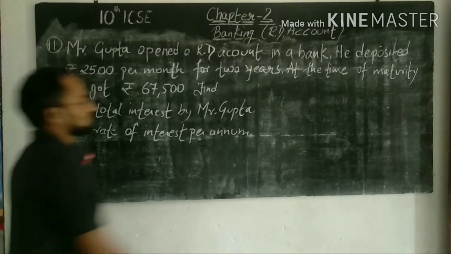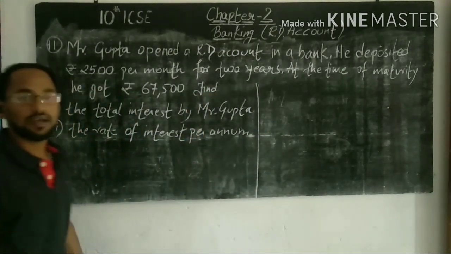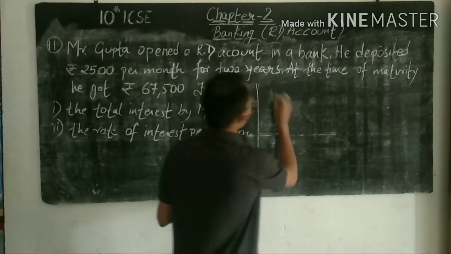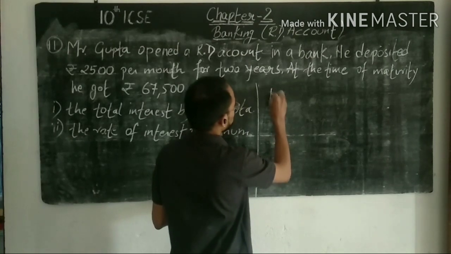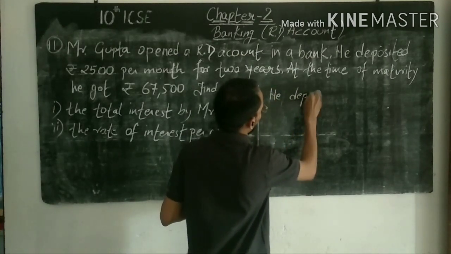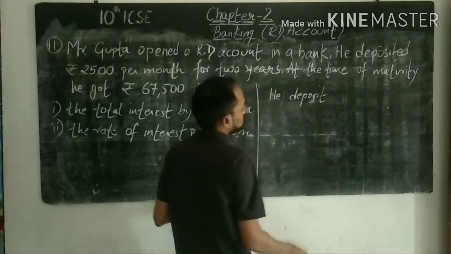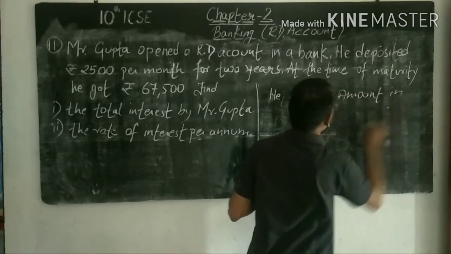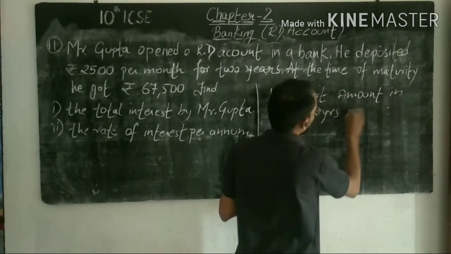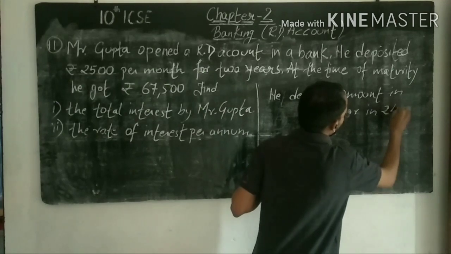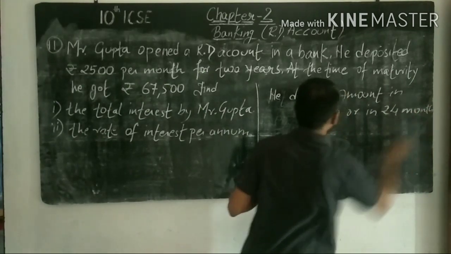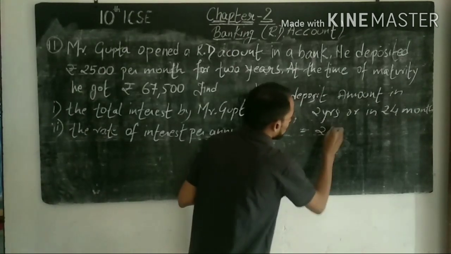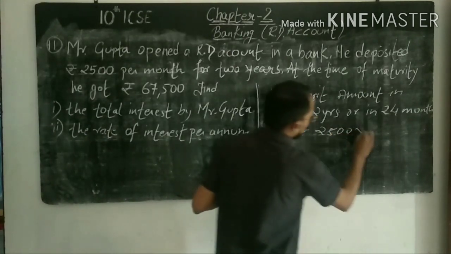So first we will find how much amount Mr. Gupta deposited in 2 years. So he deposited an amount in 2 years or in 24 months, which is the principal which he pays per month, 2,500 into 24.